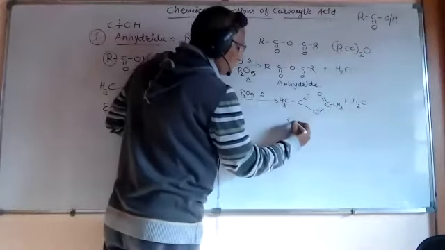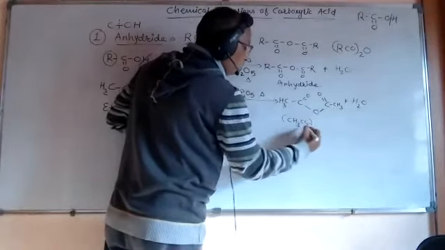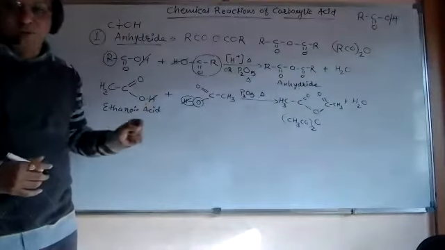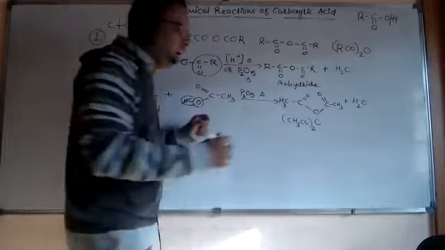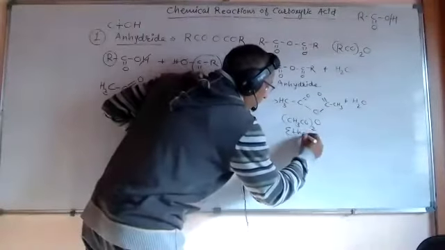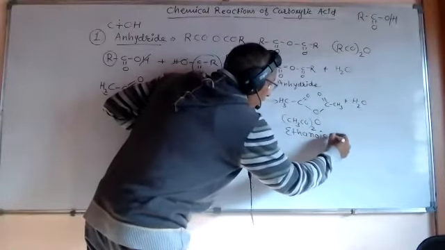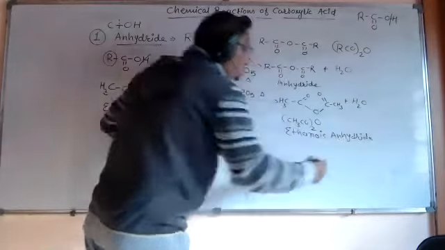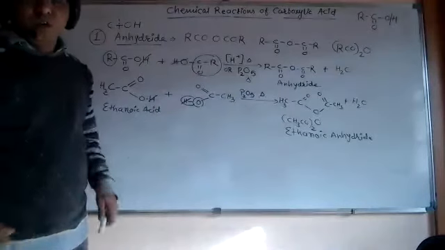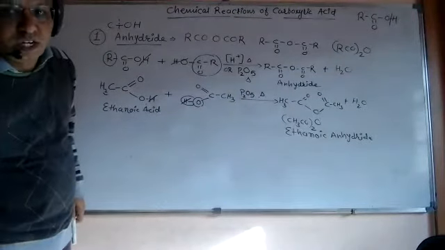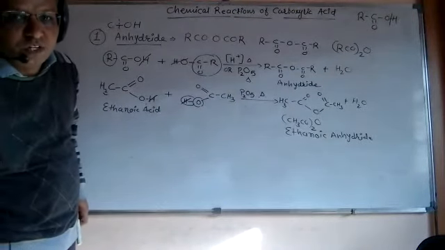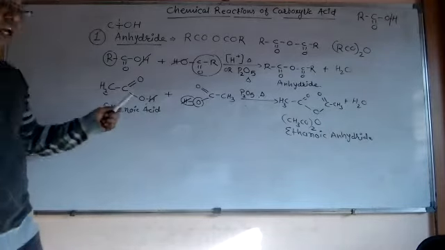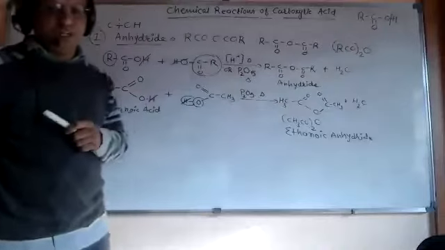So what is it, friends? CH3CO twice O can be written normally. It's ethanoic anhydride. So this is the first derivative of carboxylic acid, in which the anhydride product is obtained.